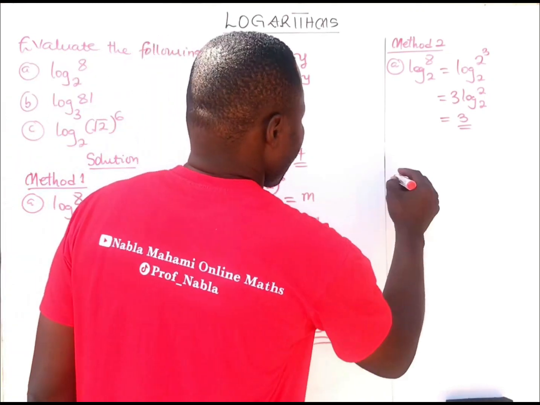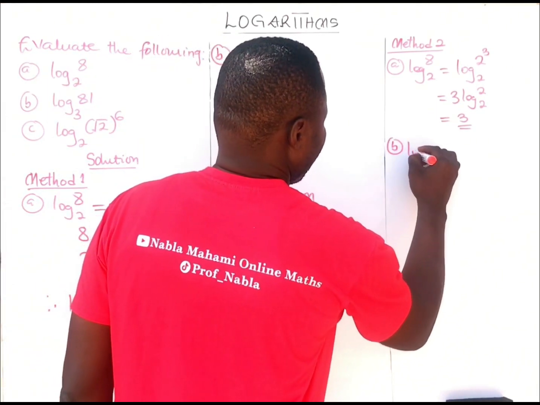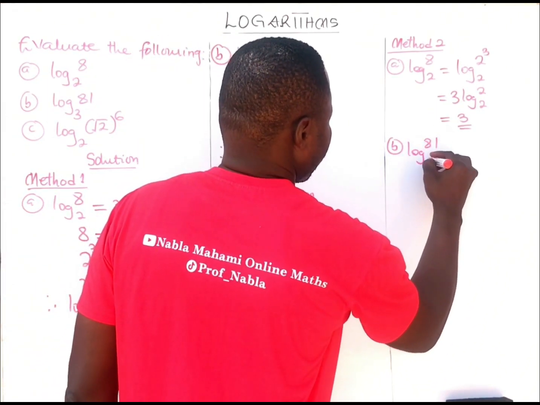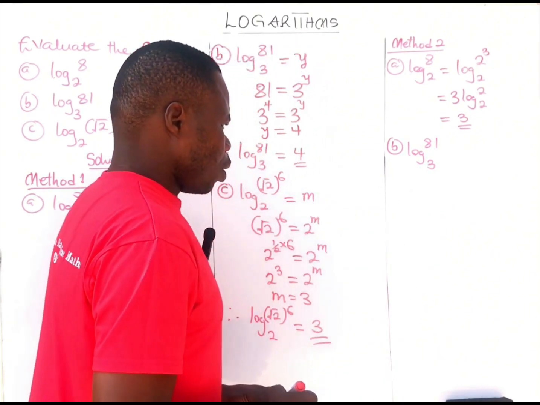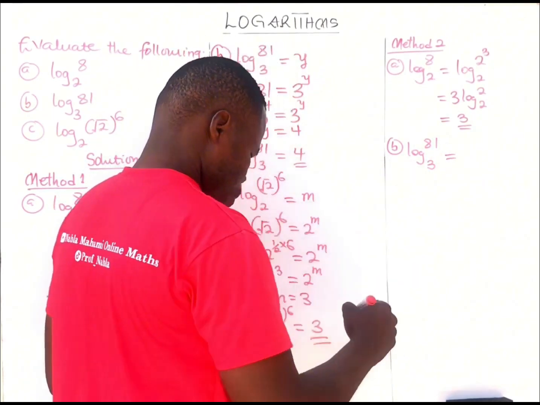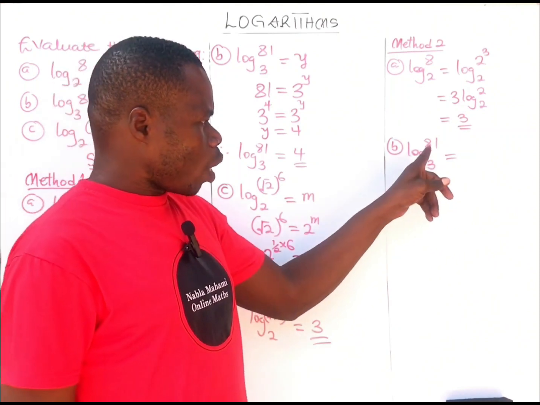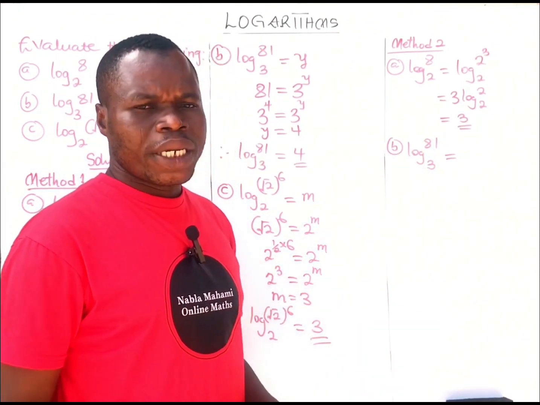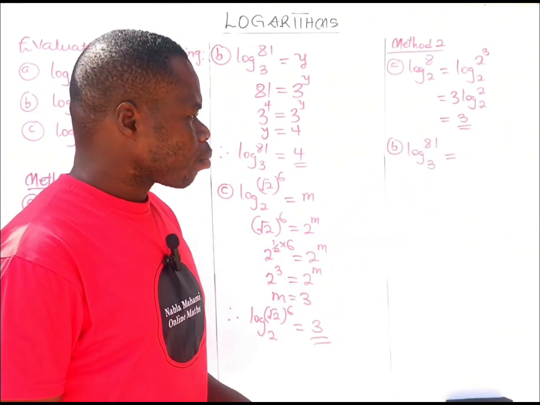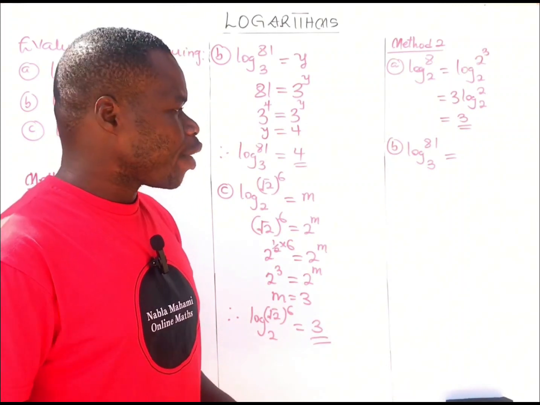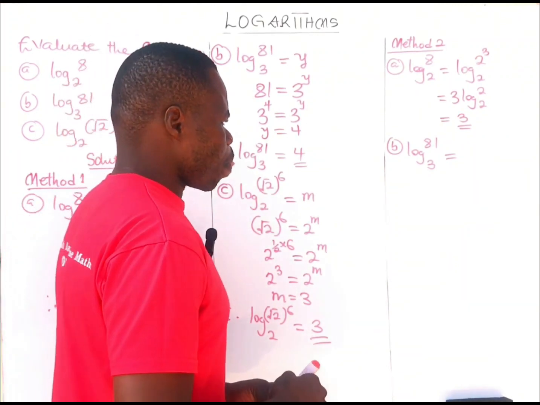Let's take B. B, log 81 base 3. Then this will be equal to, I'll first of all convert 81 into a multiple of 3. And 3 times 3 times 3 times 3, 4 times will give me 81.